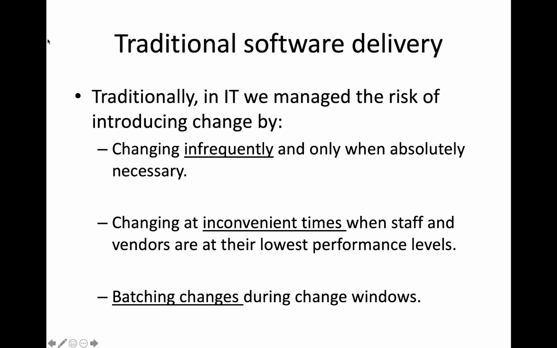In traditional software delivery, we are trying to manage the risk of the changes that we are introducing to our software platform by changing code infrequently and only when absolutely necessary. Oftentimes, we'll schedule code changes at very inconvenient times. Maybe we'll even assign a maintenance window on our software.